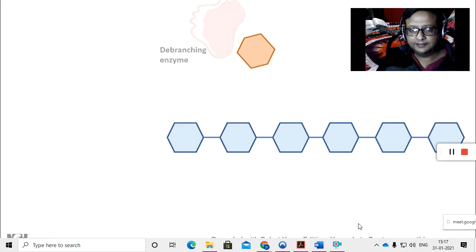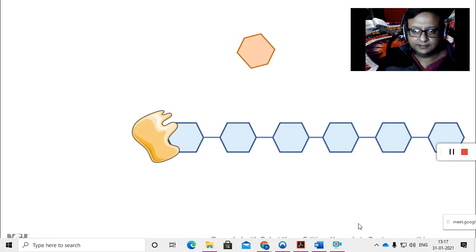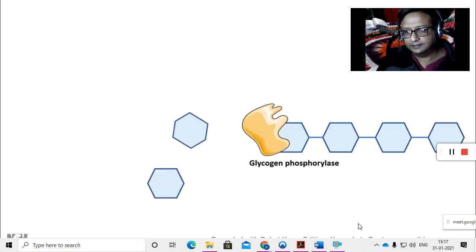And once it is a linear chain of glucose, our glycogen phosphorylase can again attach and start breaking down the chain again.